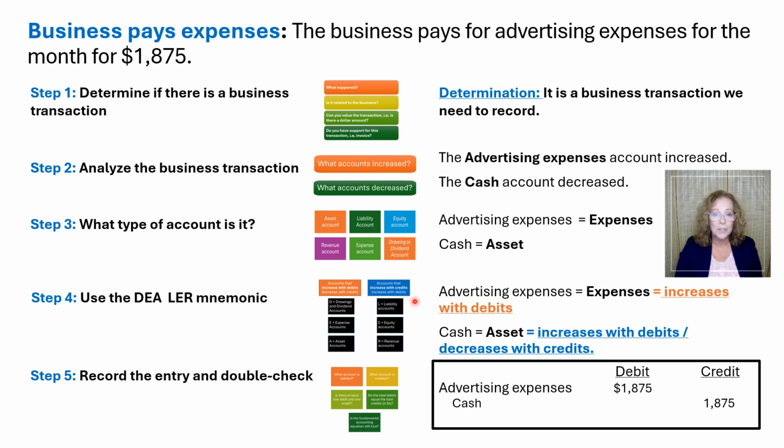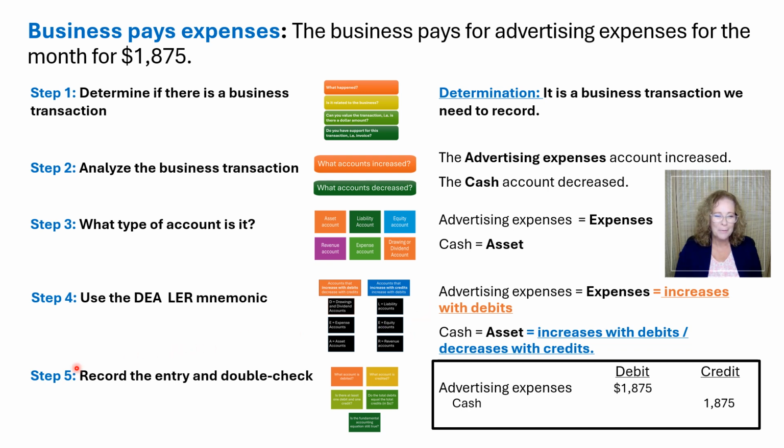The cash account decreased, and we determined that the cash account is an asset account. And do you recall how asset accounts increase? Yes, asset accounts increase with debits. But in this case, we want to decrease the cash. So we need to credit the account. So debit advertising expense and credit cash.